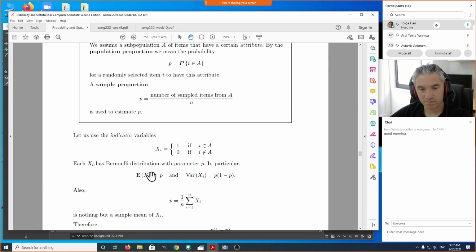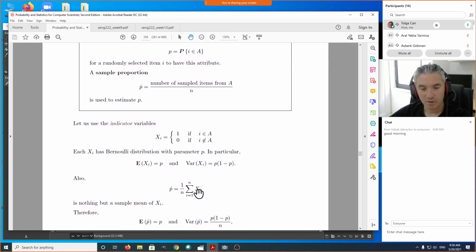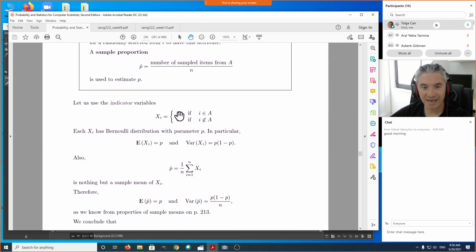So our estimate, the average of those ones and zeros, gives an estimate for the population proportion. We look at the frequency of blue-eyed people in our sample, and we use that as an estimate for p, the success probability, the proportion of people with blue eyes in the Turkish population. That's our p hat.